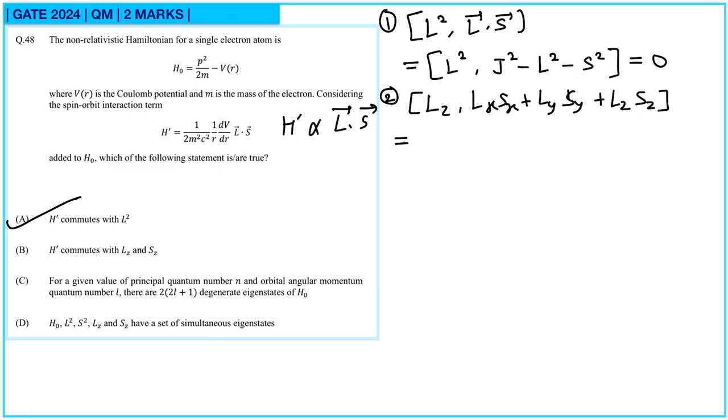Lz will not commute with Lx Sx and Ly Sy, though it will commute with Lz Sz, and if you solve it, you'll get i h cut Lz Sx minus i h cut Lx Sy, and this is not equal to 0. So it is not commuting with Lz and Sz. A similar case will be for Sz, so it will not commute.